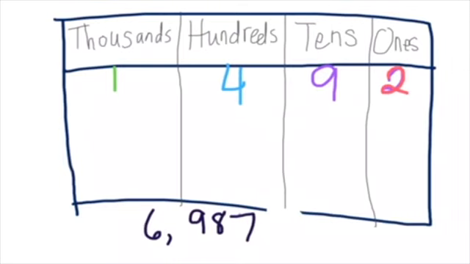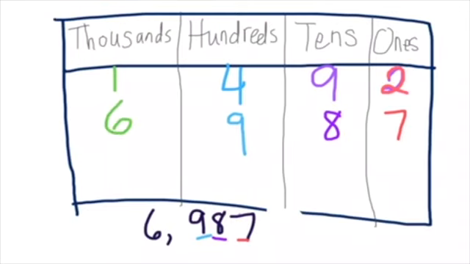Let me use a similar color. What would be my ones place? The 7 is in my ones place, right? What's in my tens place? The 8. What's in my hundreds place? The 9. And then what's in my thousands place?